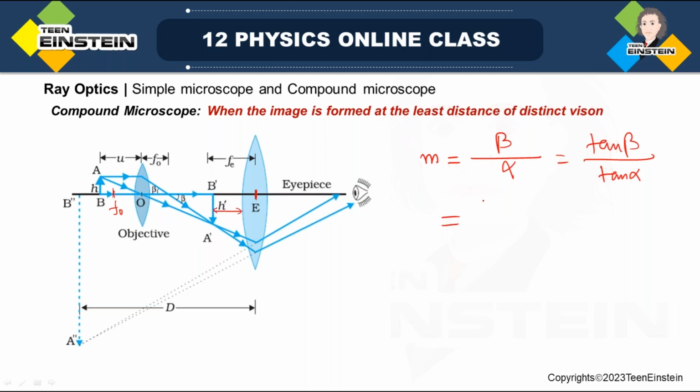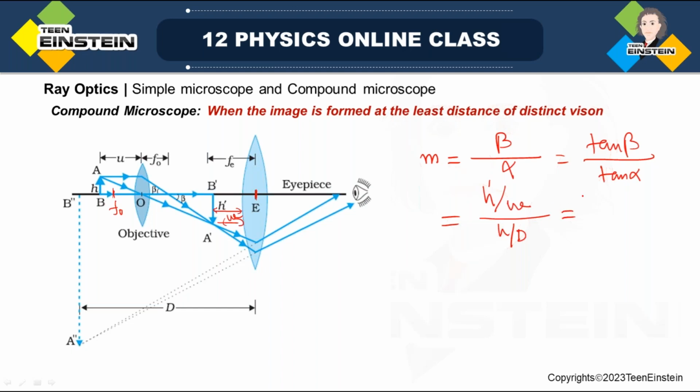Since tan beta can be written as h prime by ue, this distance I'm taking as ue, and tan alpha can be written as h by d, as I was showing you all the way, because the object is placed or so adjusted that it is at the least distance of distinct vision.